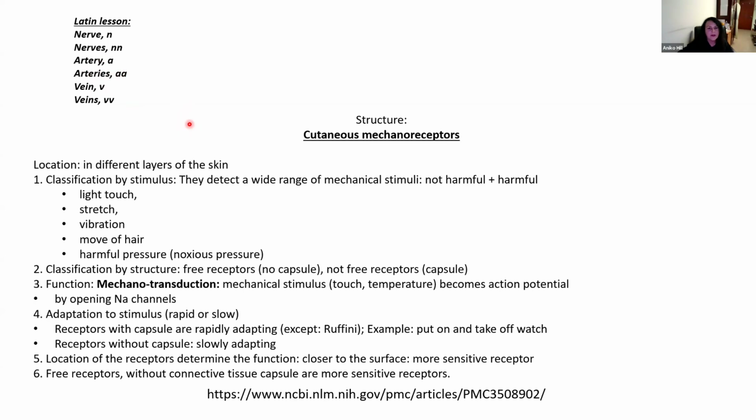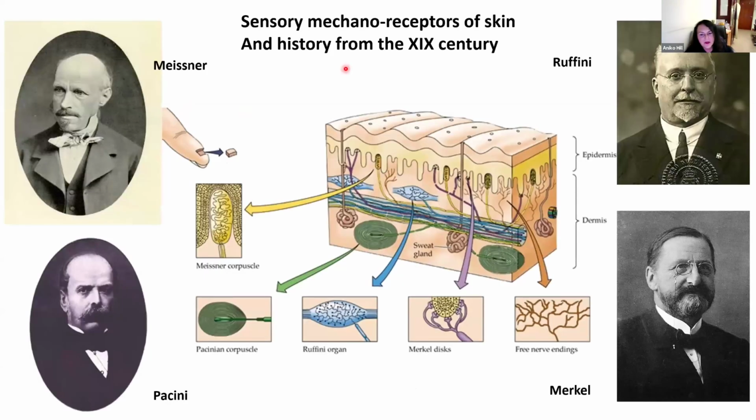Okay, so these are the famous guys, because all of these sensory receptors are named after a scientist. So this is Mr. Meissner, this is Mr. Pacini, this is Mr. Ruffini, and this is Mr. Merkel. They are associated with the Meissner corpuscle, Pacinian corpuscle, Ruffini corpuscle, and Merkel disc after these guys. We're going to go through all of these one by one.